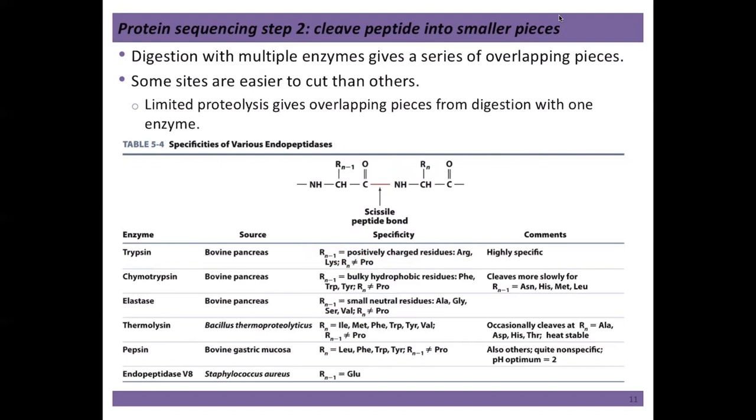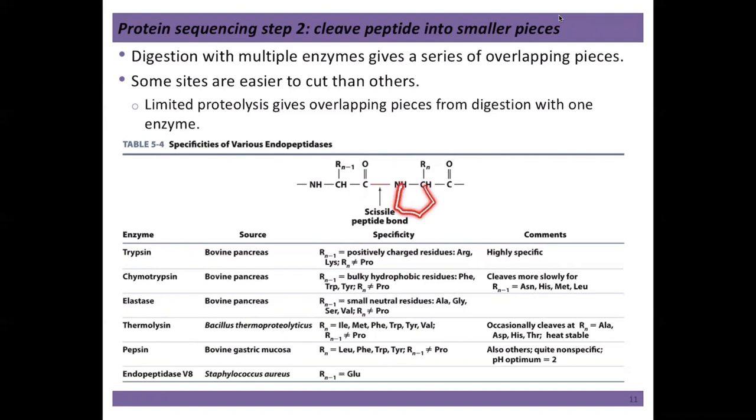So chymotrypsin cleaves after bulky hydrophobic residues, such as phenylalanine, tryptophan, tyrosine. Again, that needs to be in this position. So if you have one of those bulky hydrophobic residues, then you'll cleave that bond as long as this is not proline. And one of the reasons that it doesn't work with proline is, remember, proline actually back bonds and forms a cyclic structure there.